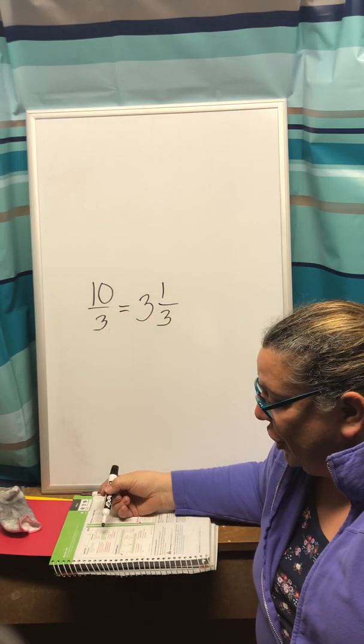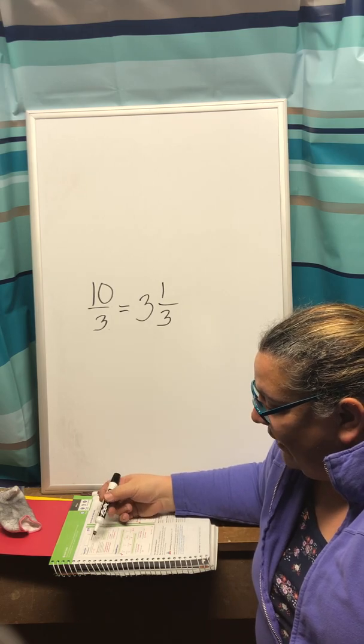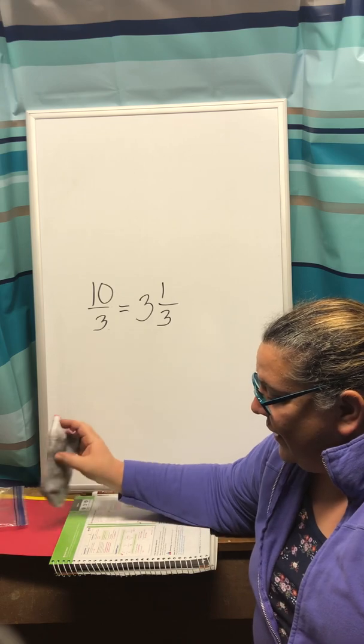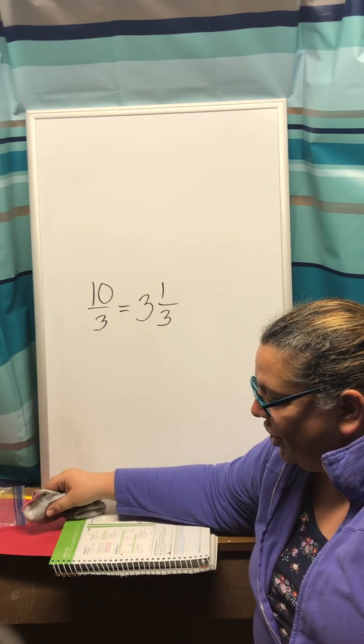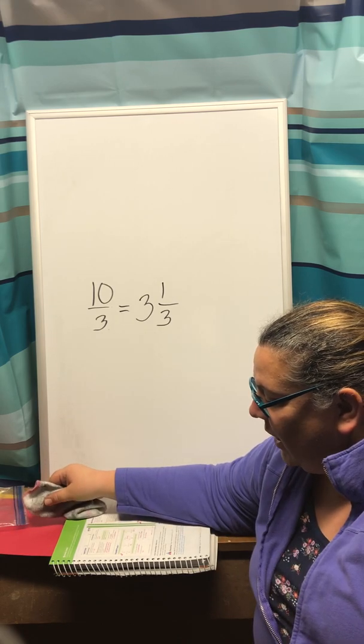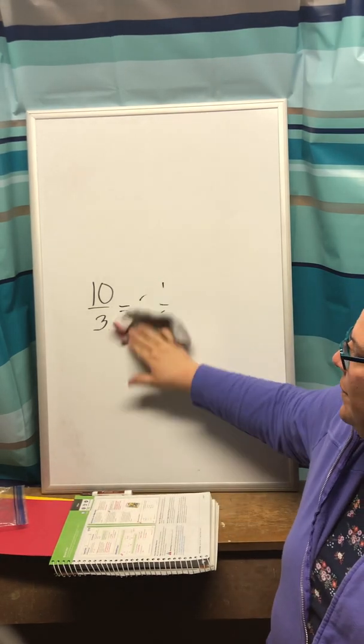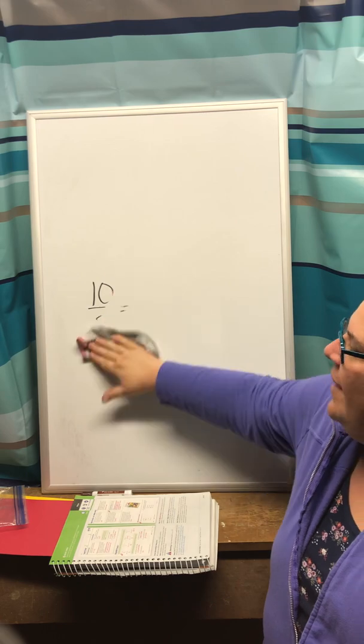For question number 2, they said, suppose 3 friends want to share 16 posters equally. For this situation, why does the quotient 5 remainder 1 make more sense than the quotient 5 and 1/3? So let's think about that.